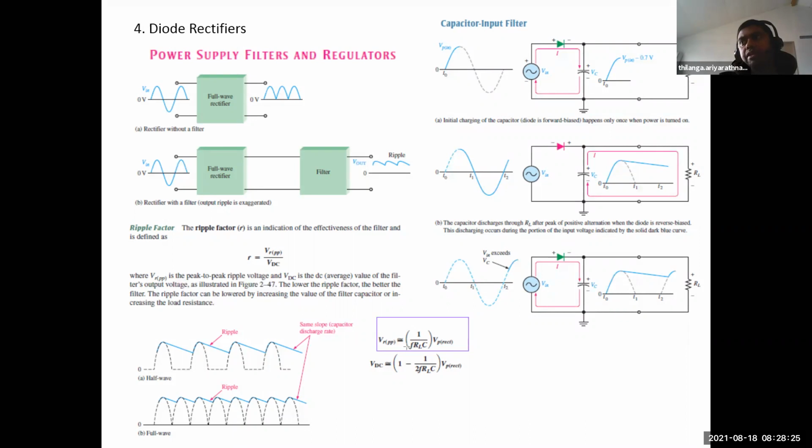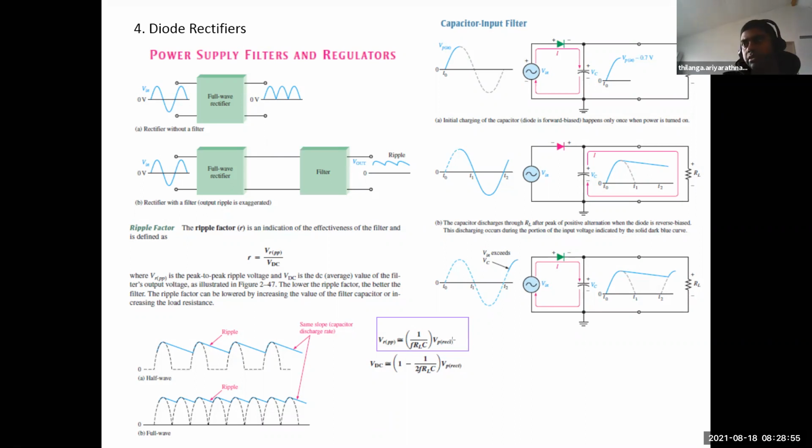We have frequency, load resistance and capacitor. VP rect means the rectified voltage. Earlier we discussed the output voltage for half wave rectification. The rectified voltage is just VP minus 0.7. For full wave rectification, VP minus 1.4. Likewise, that is the rectified voltage.